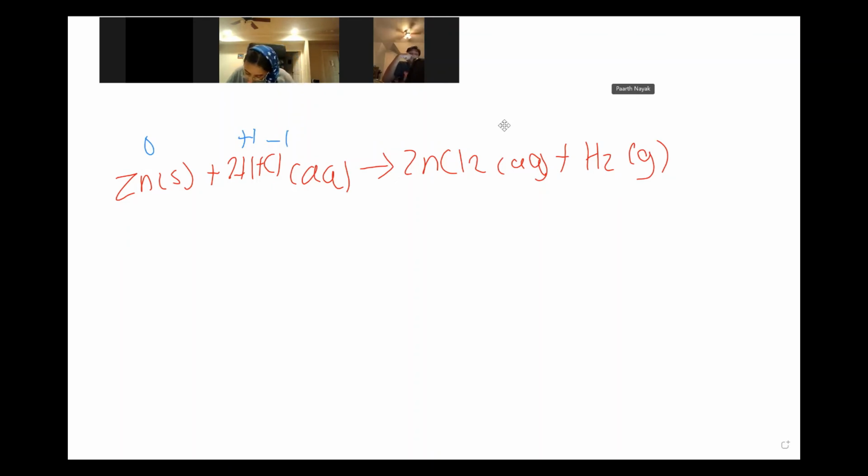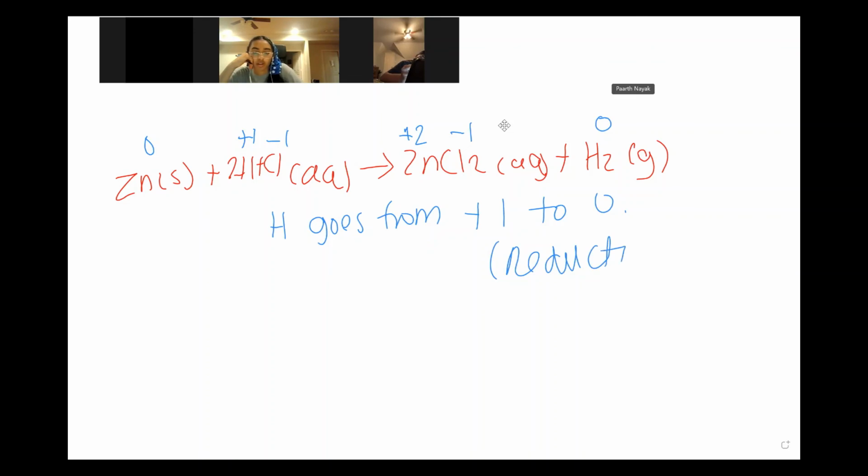And then over here, if I know that Cl is minus 1, I know that zinc is going to be plus 2, and hydrogen is going to go to 0. So if I figure out what is being reduced and what is being oxidized, I can see that H goes from plus 1 to 0. So this is a reduction.